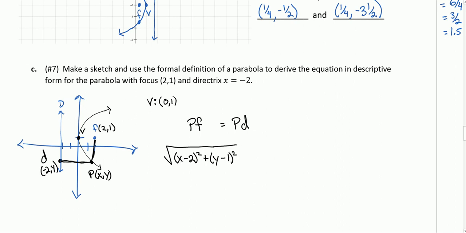So that represents the distance from point P to F. And that's going to equal the distance from P to D, so x minus -2 squared plus y minus y squared.